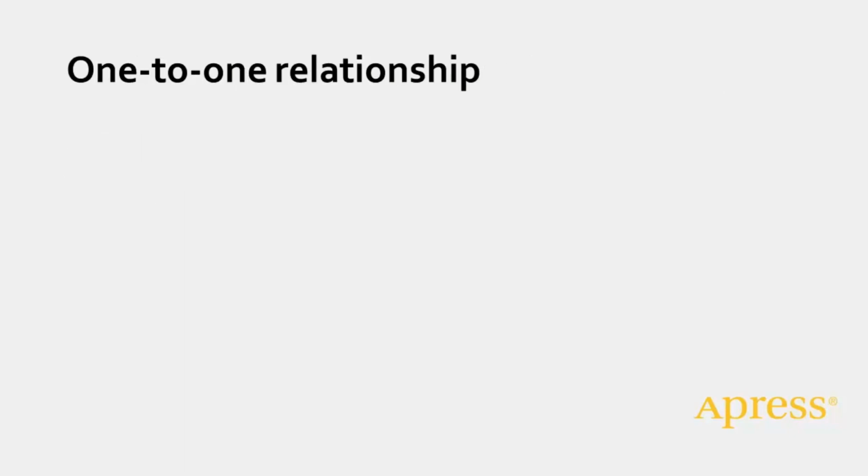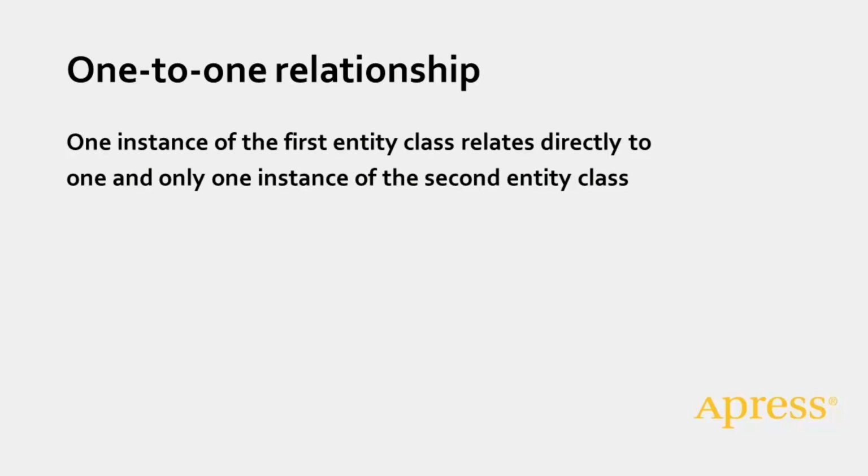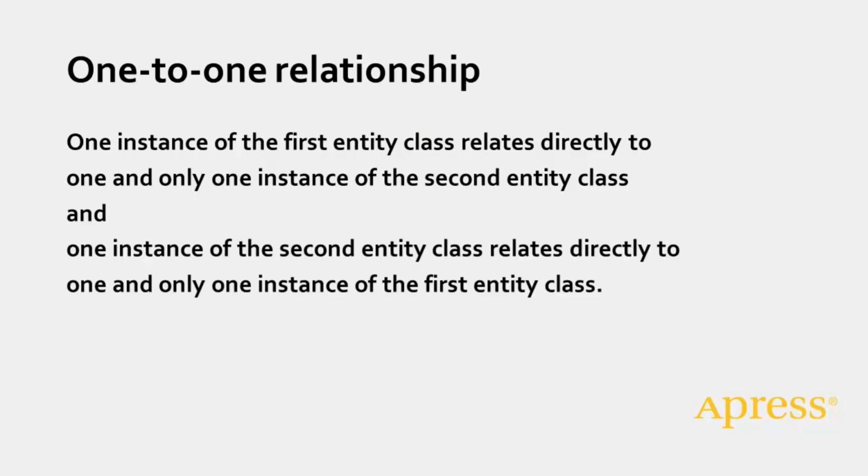In a one-to-one relationship, one instance of the first entity class relates directly to one and only one instance of the second entity class, and one instance of the second entity class relates directly to one and only one instance of the first entity class.